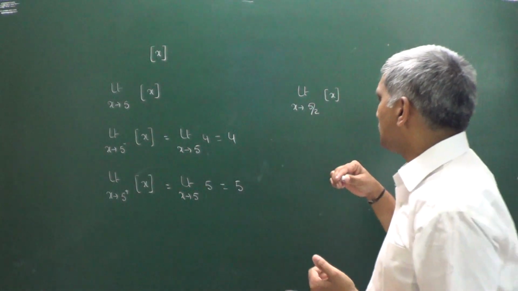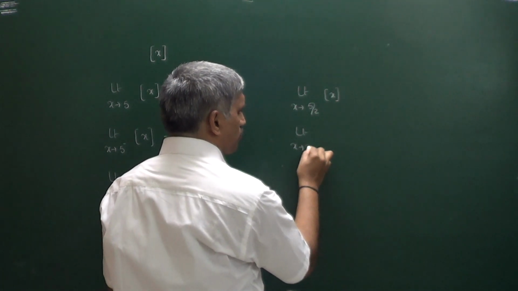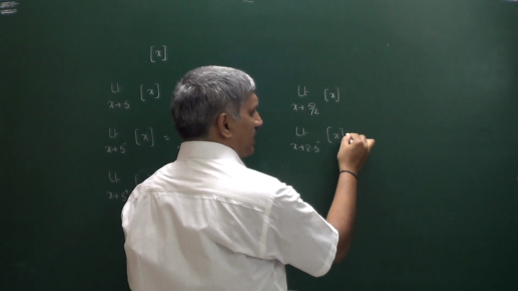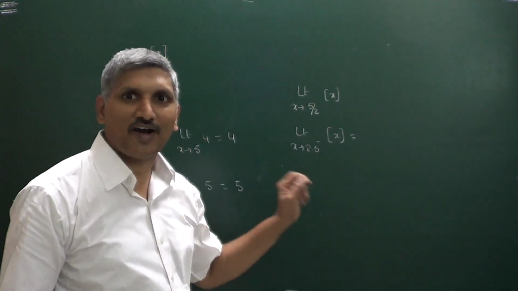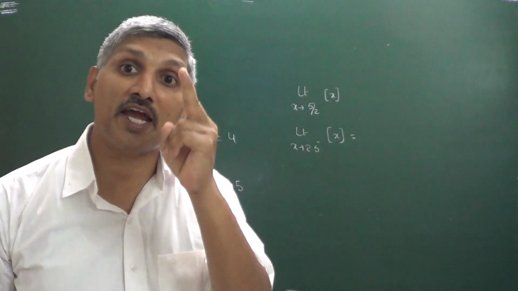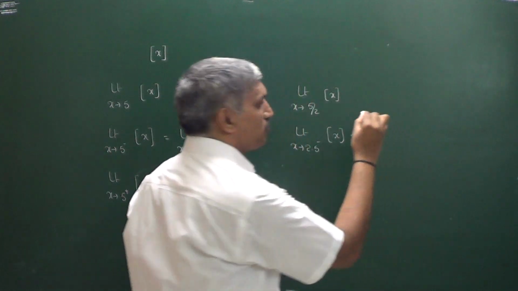But observe here, in this case we can check. Limit x tends to 2.5 minus integral part of x. And here what happens? 2.5 minus means 2.4999. So that's why that value is equal to 2 only.